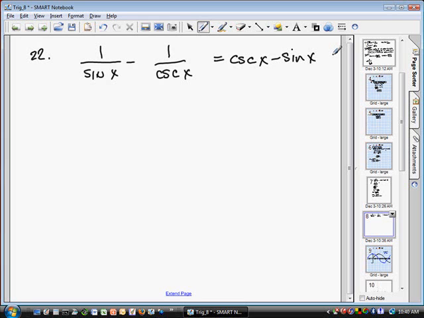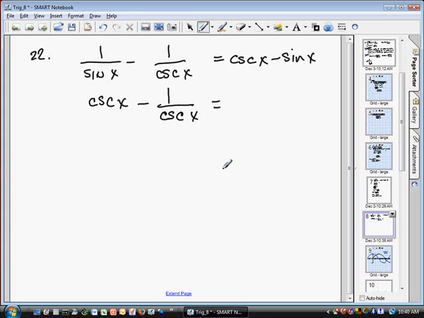You said 1 over sine is cosecant. So she's saying, let's begin with this move. Okay, if we do that, now what do we do with the left side?